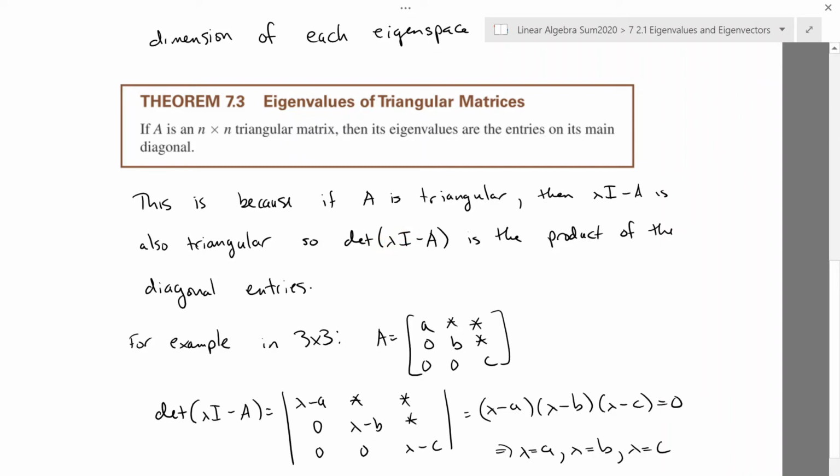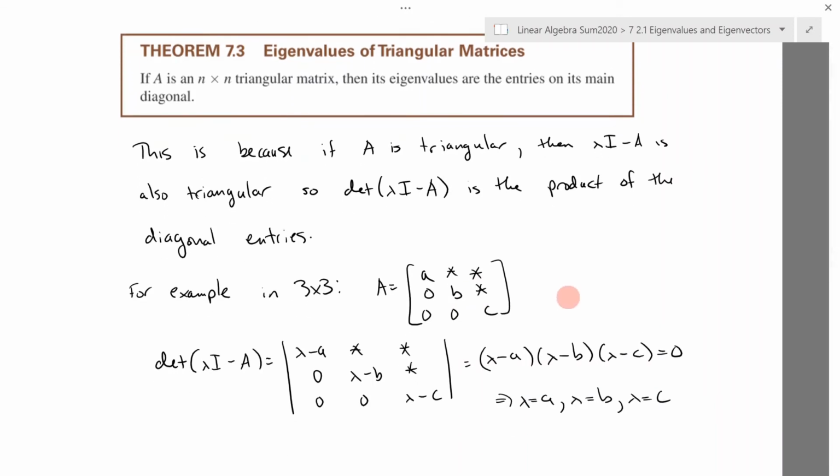As an example, we look at a 3x3 matrix here. I've chosen an upper triangular matrix, but it doesn't matter if it's upper triangular or lower triangular. Say you have a, b, c along the diagonal. They don't all have to be different, they could be the same, but whatever the diagonal entries are, you can have anything above the diagonal. If you set up this determinant, it'll look like this.